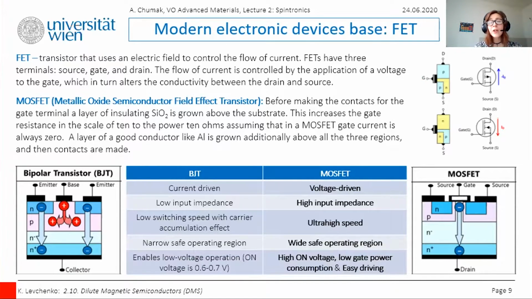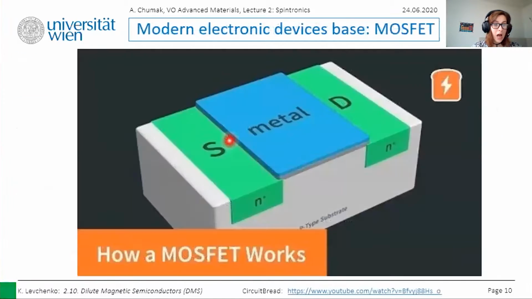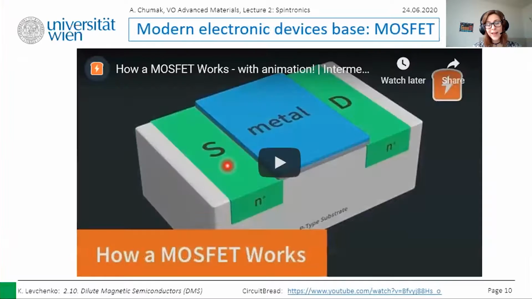One of the most popular field effect transistors is, of course, the MOSFET, or the metal oxide semiconductor field effect transistor. Before making the contacts for the gate terminal, usually a layer of insulating material like silicon oxide is grown above the substrate to increase the gate resistance. And to better demonstrate how it's done, let us make a break and watch a nice video.